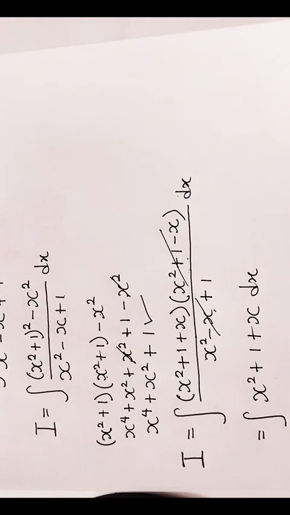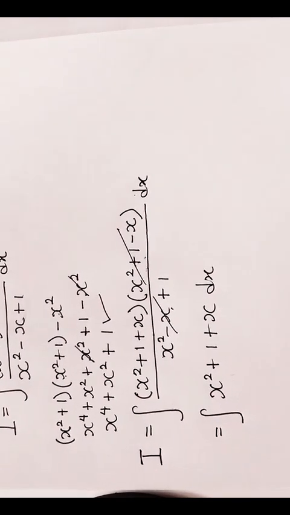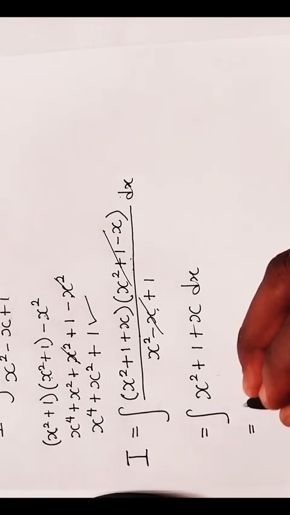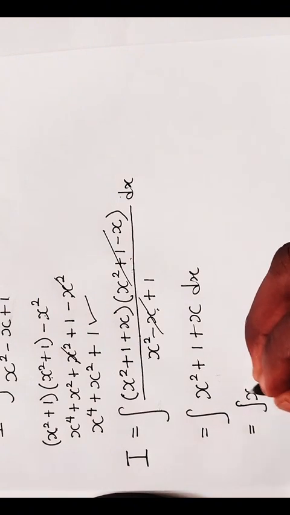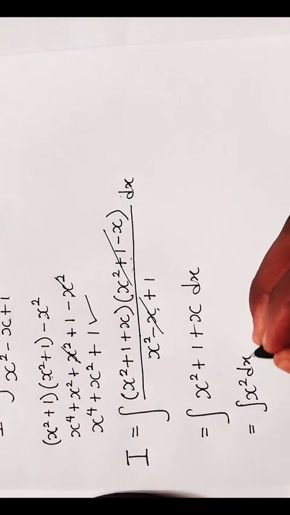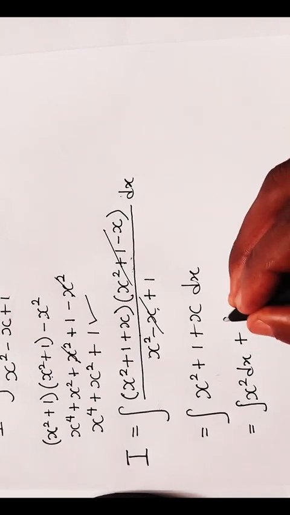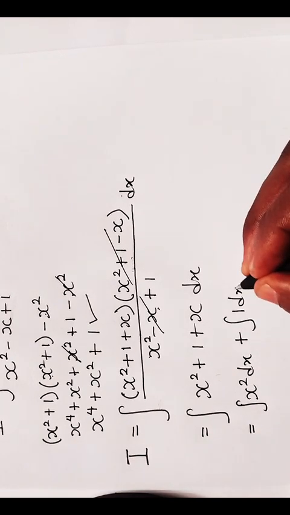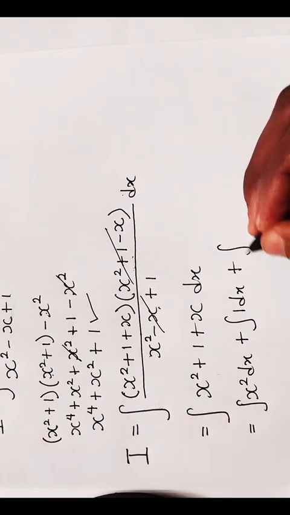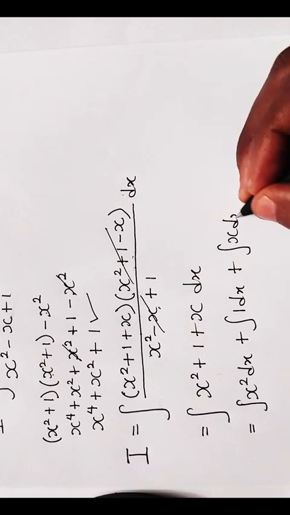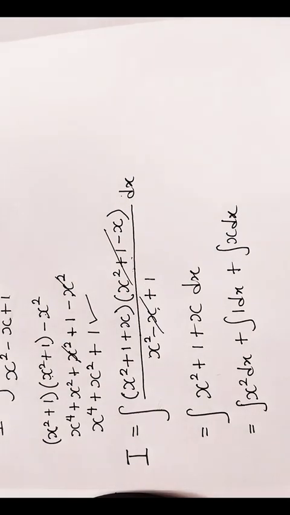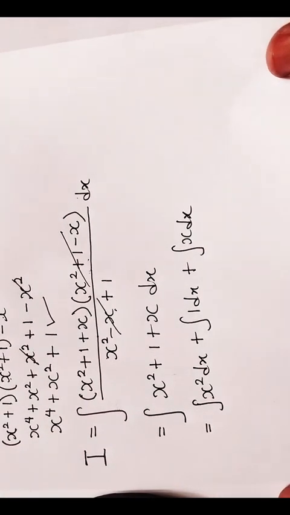The next thing for us to do is to integrate. From the sum rule of integration, we have the integral of x^2 dx plus the integral of 1 dx plus the integral of x dx.